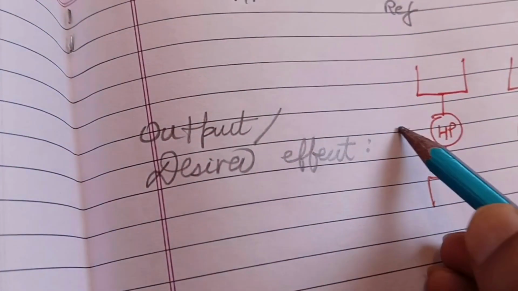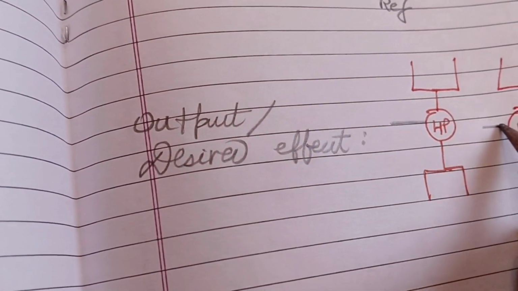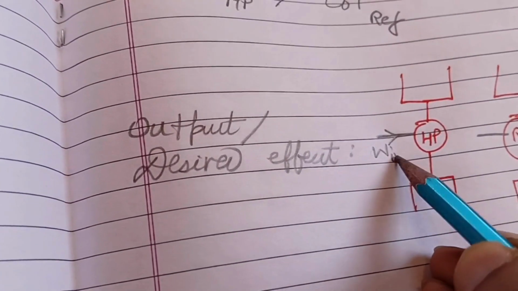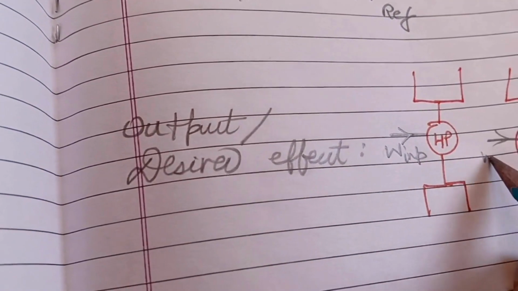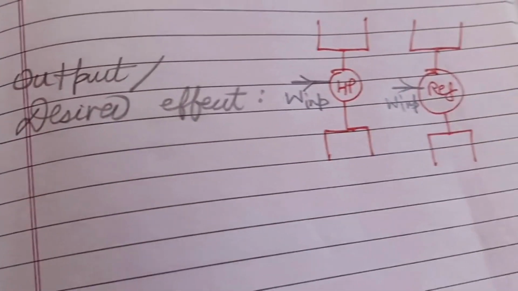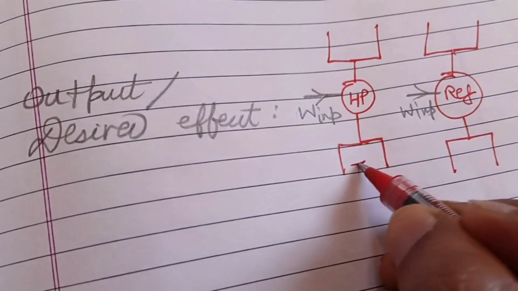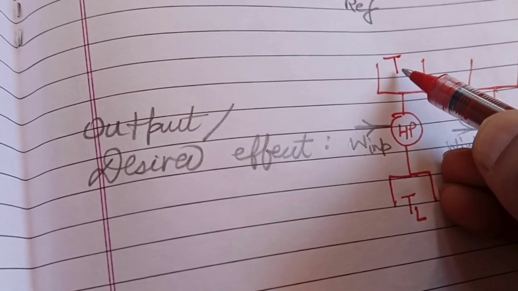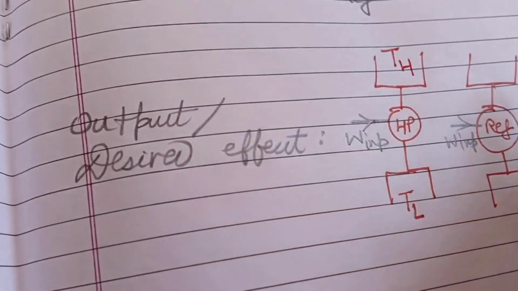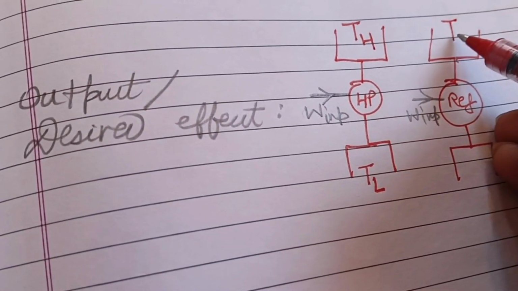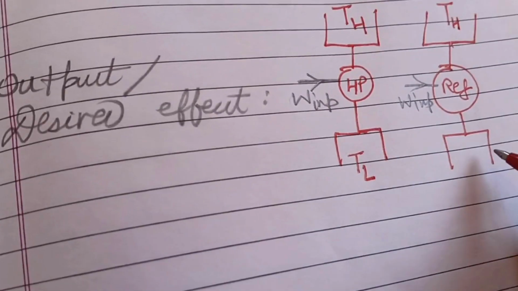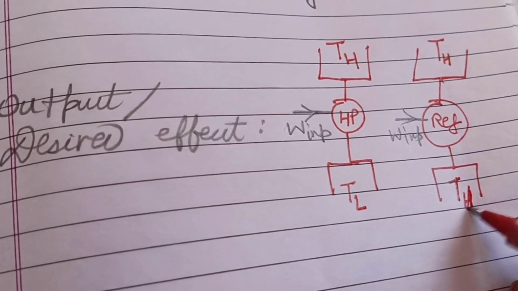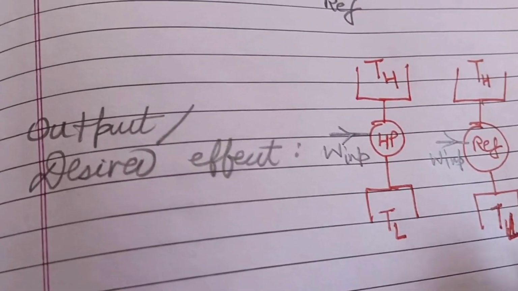In case of both the heat pump and refrigerator, there would be a work input, right? Work input, and these are operating between two temperature limits. This is the temperature of the body maintained at lower temperature, TL, and this is the temperature of the reservoir or area maintained at higher temperature, TH.